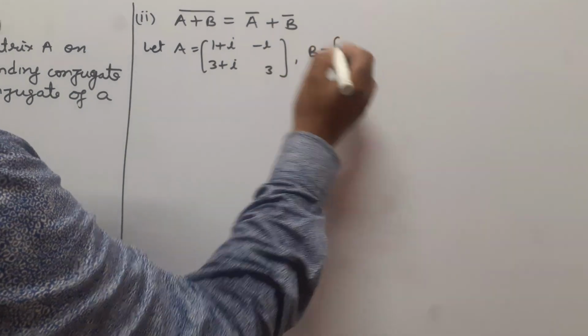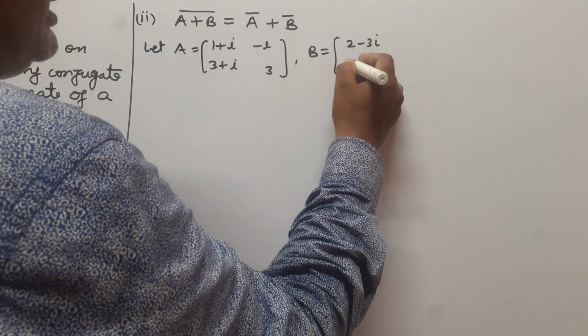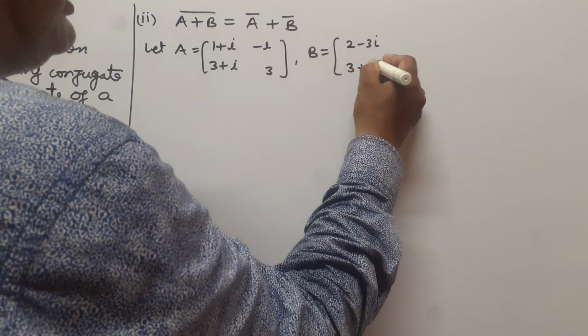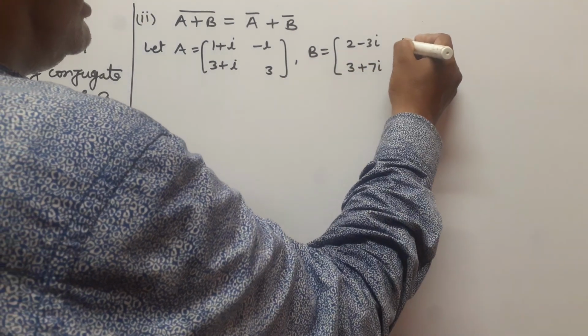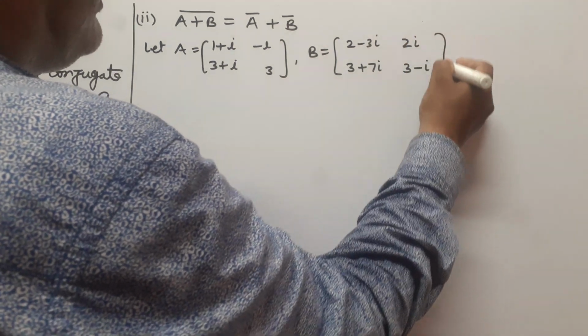Suppose B is the matrix 2 minus 3i, 3 plus 7i, 2i and 3 minus i.